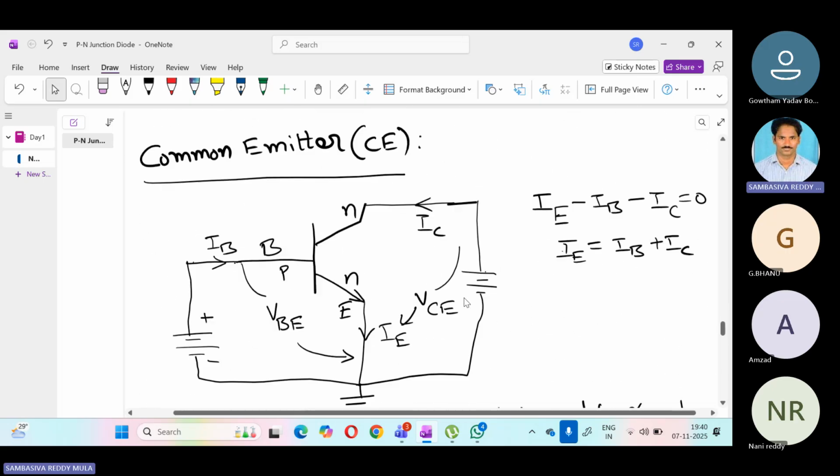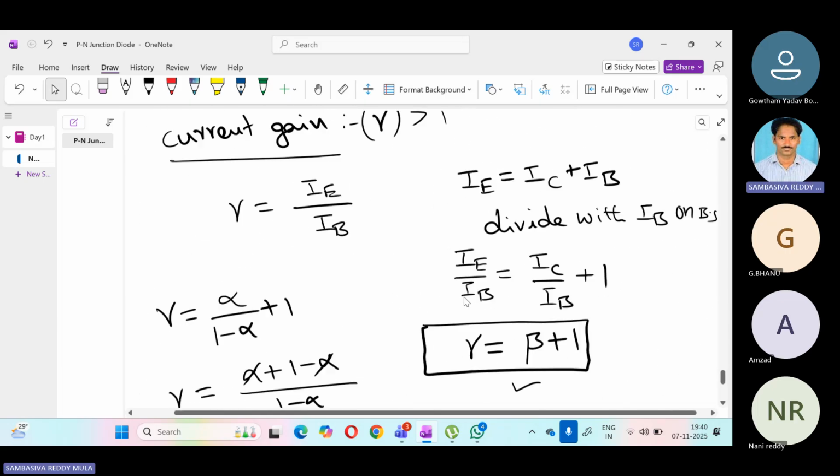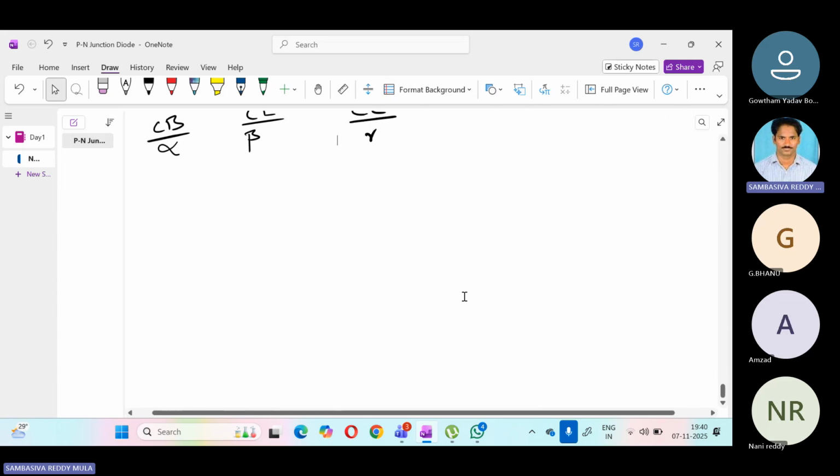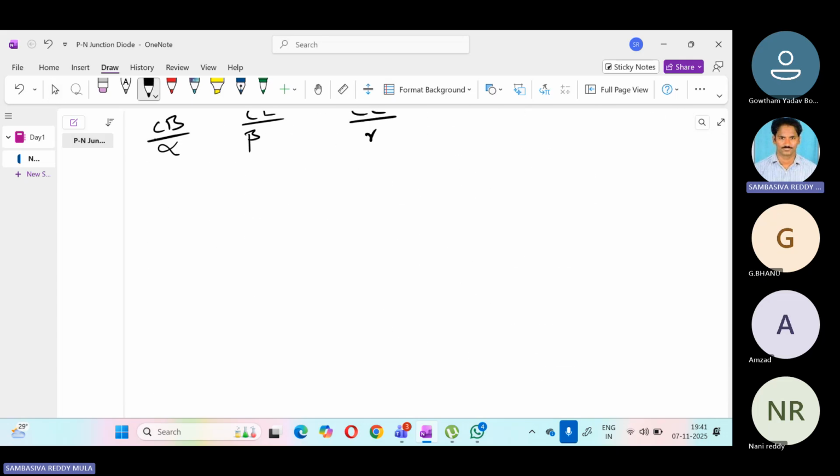What are the advantages when we compare them? The current gain in the common base is less than 1, so no use. This is greater than 1, so some amplification will be done. This is also greater than 1, but stability is less in the common collector configuration. So high gain is produced, but stability is less.